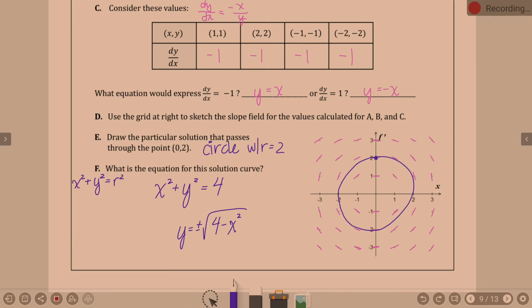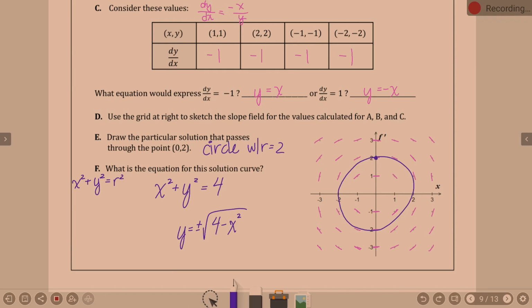G asks, explain what happens to the slope values as you move from left to right with a fixed y value. So a fixed y value is going to be a horizontal row.